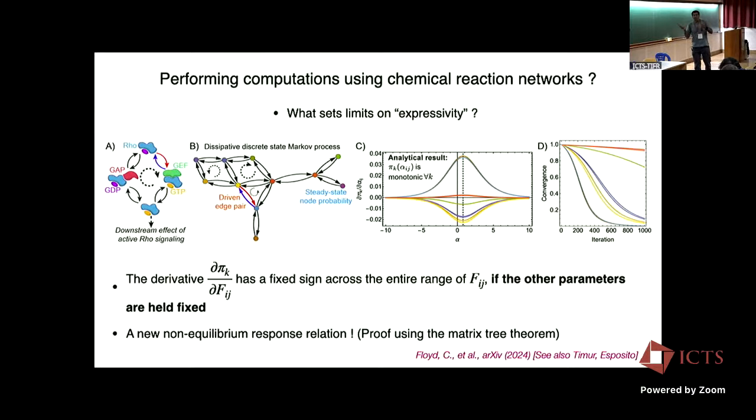What this tells you, and I'll come to this in a few minutes, is that you have an additional constraint: any average non-equilibrium property, not just the concentration or probability of one species but any average over everything in the system, will also have a fixed sign because of this symmetry that you see here.